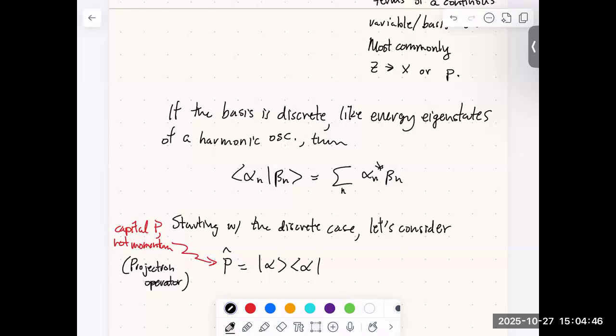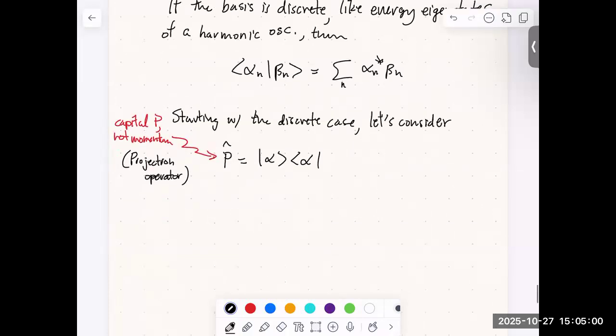So if I take an n by 1 object, multiply it by a 1 by n, I get an n by n object. So I would expect in a discrete case to get something that's like a square matrix. Okay, so P hat is called the projection operator, and I want to show you why.